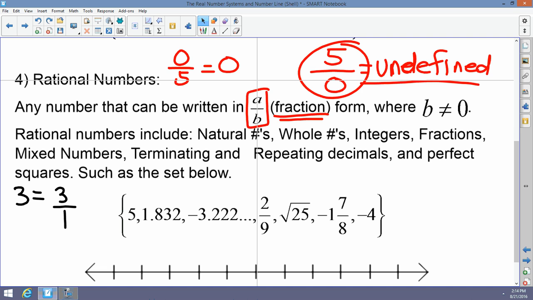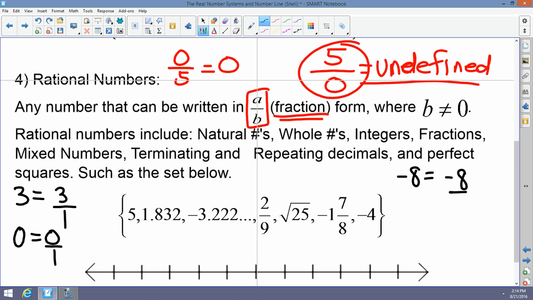Whole numbers, same as a natural number. Let's say I write 0. Well, I can write 0 over 1. That's a fraction. So that is also a rational number. Integers, if I have -8, well, I can write -8 over 1. So that's a fraction. So that's going to work as well. Of course, any fraction is rational, whether it is a proper fraction, such as 2/3, or an improper fraction, such as 3/2.